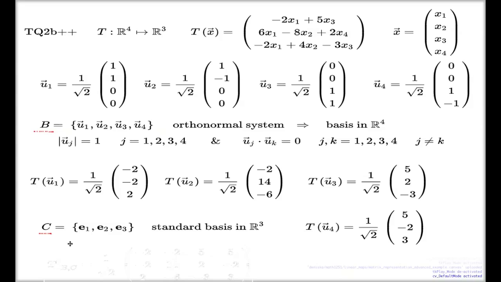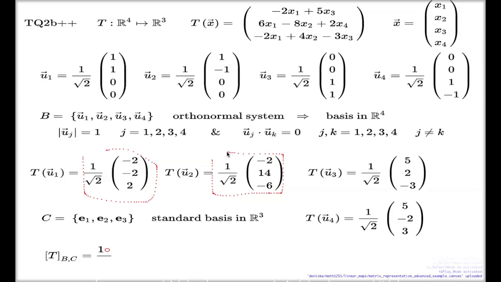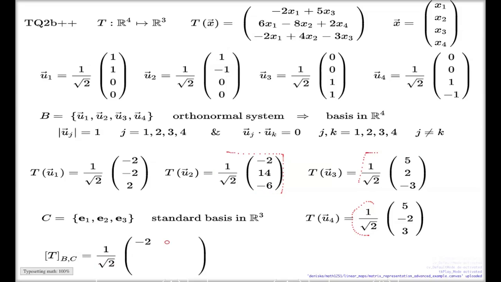The matrix of my transformation with respect to the pair B and C is simply these vectors taken as columns. Because all of these vectors share the same common factor, I just put this factor in front of my matrix, and the rest will be just the columns, like so. So the first row is -2, -2, 5, and 5.